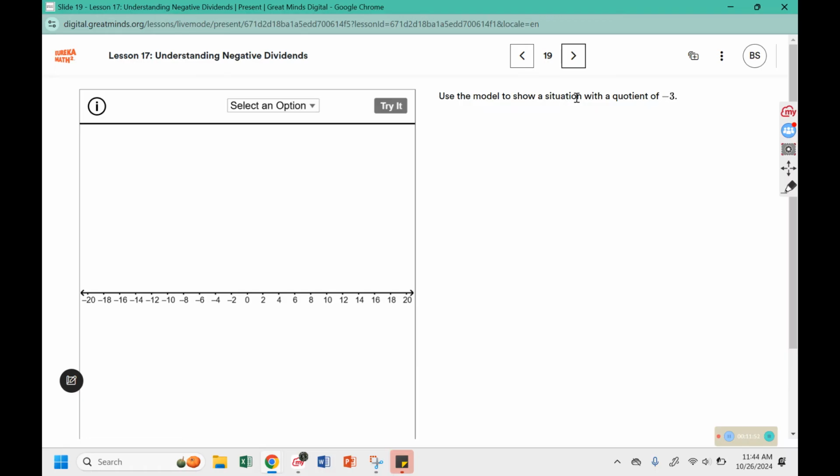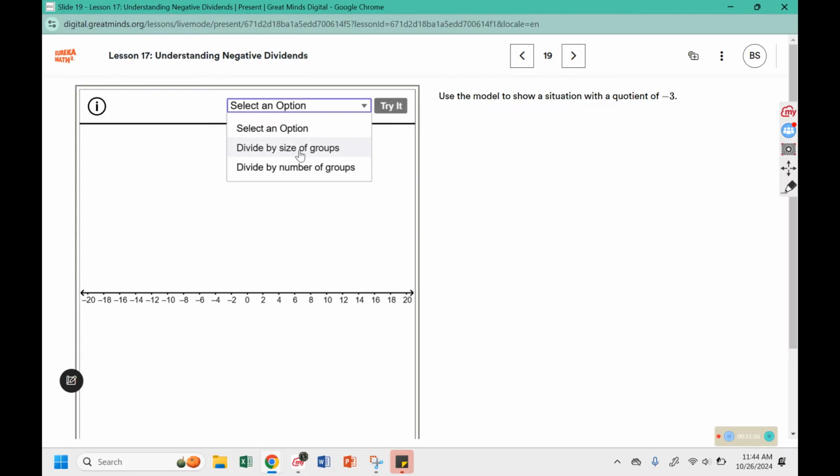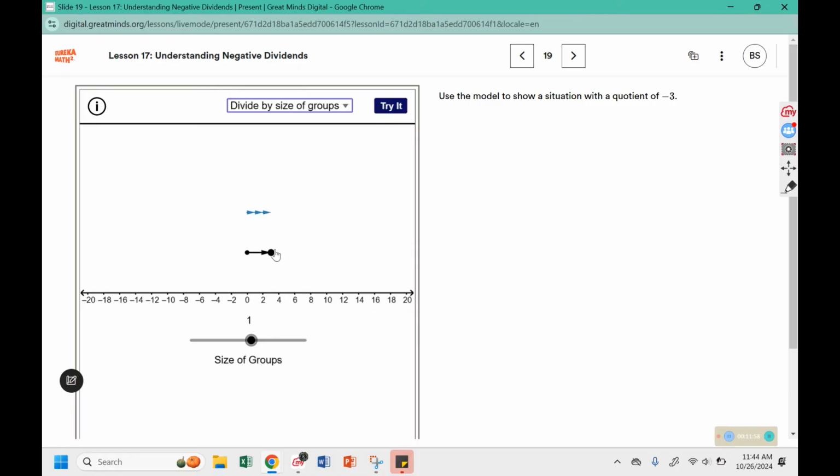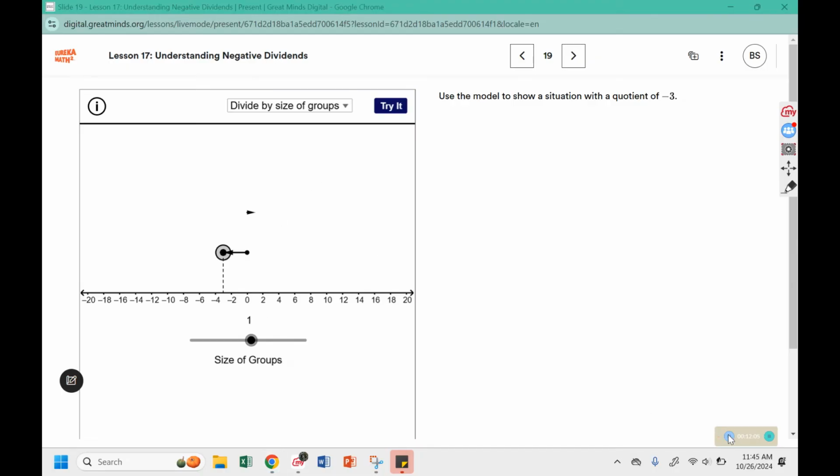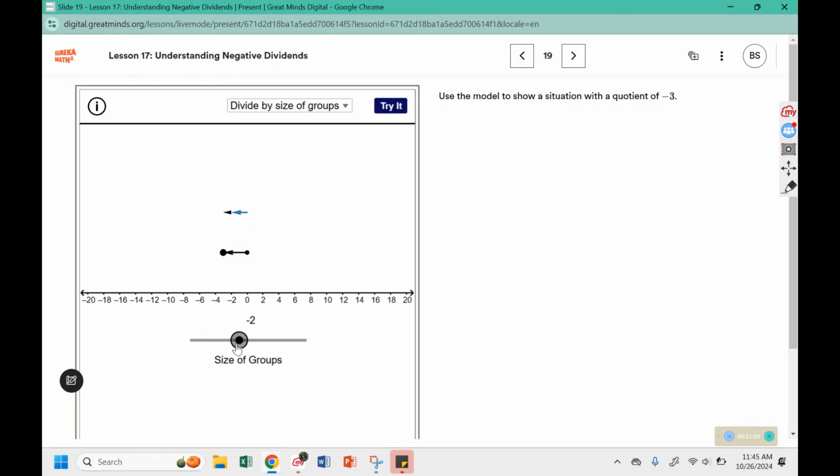Use the model to show a situation with a quotient of negative 3. So our quotient should be pointing to negative 3. So we can create one group of negative 3.